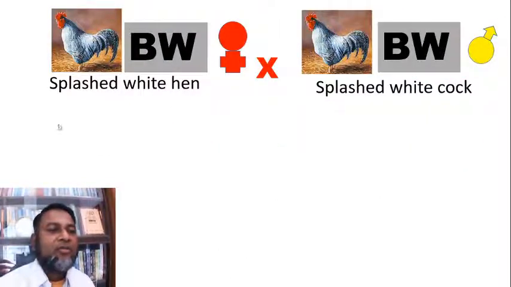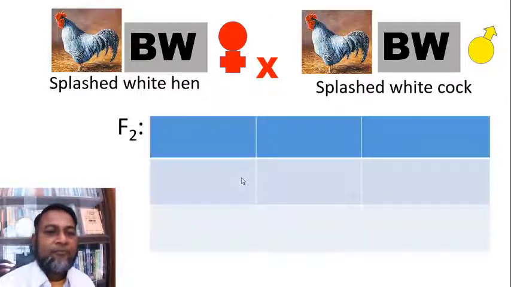Now we cross a splashed white hen with a splashed white cock. Here from the female, two types of gametes are created from BW.